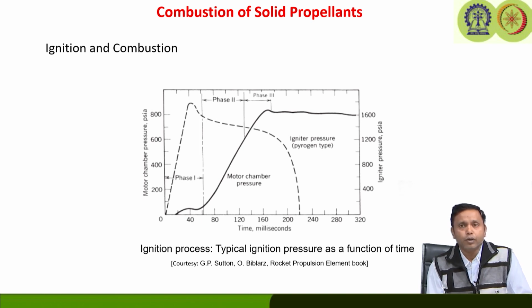So, the combustion will take place, but it may not always be true that, if you take out the source of energy, the combustion will be sustained. The ignition process will lead to a sustained combustion when the energy source is removed.